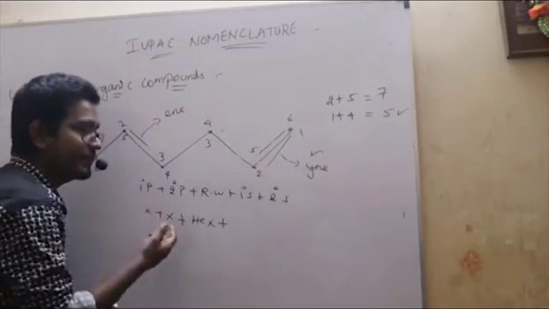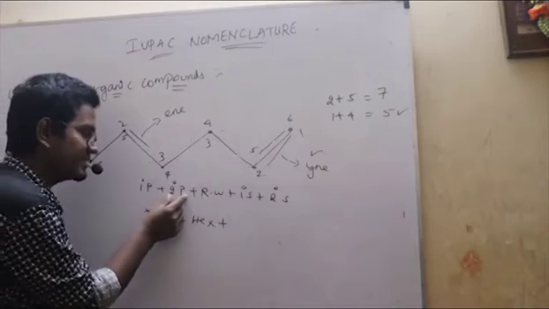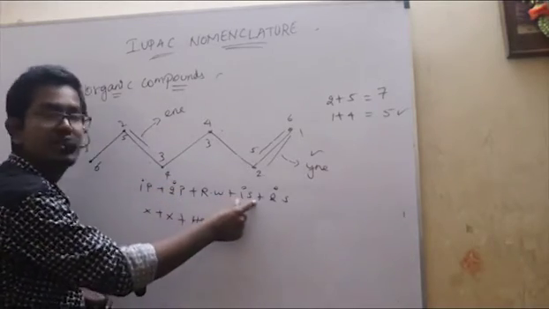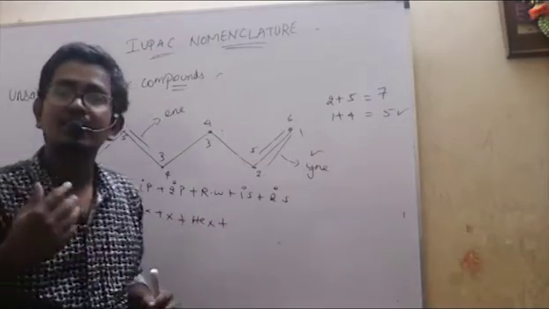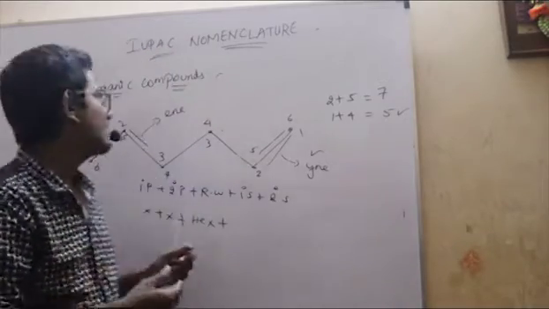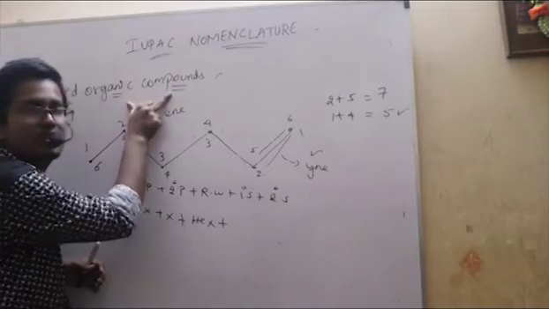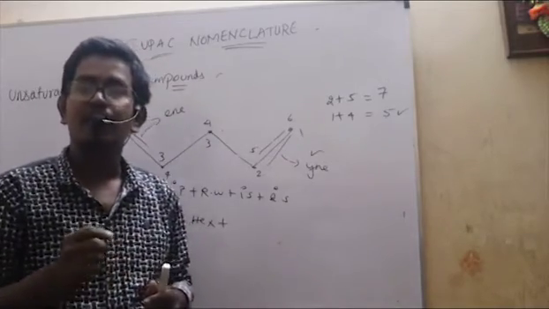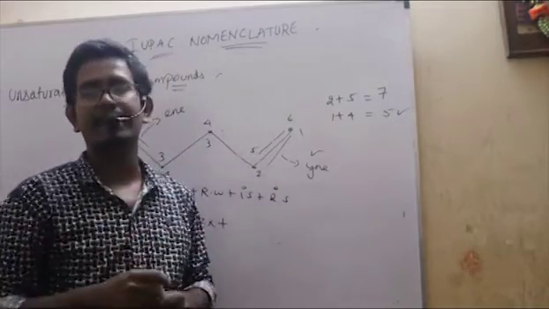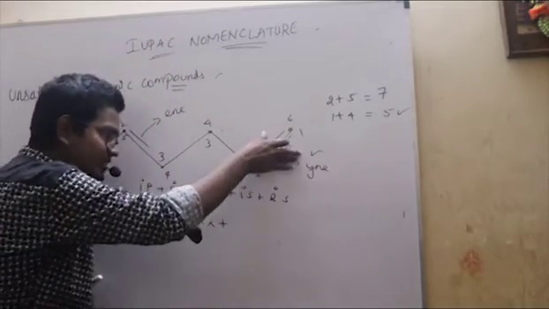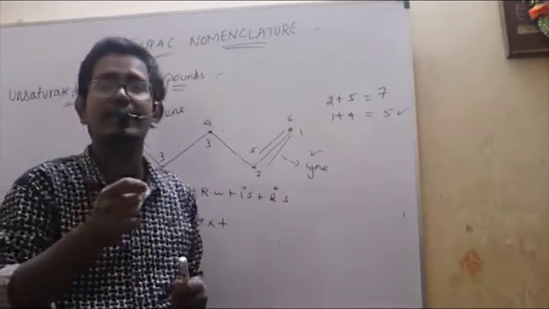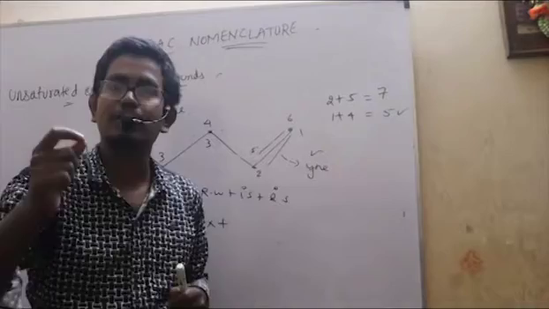While writing the primary suffix and the unsaturated functional groups like double bonds and triple bonds, we should write in alphabetical order, irrespective of the number.